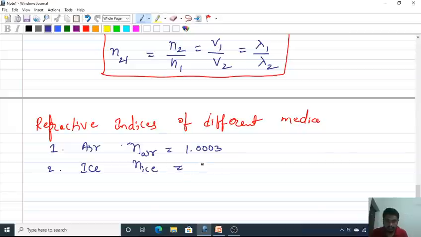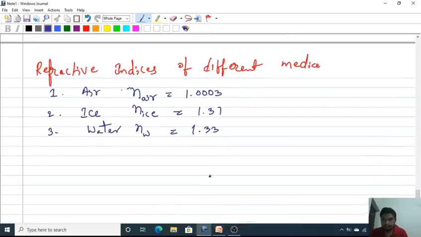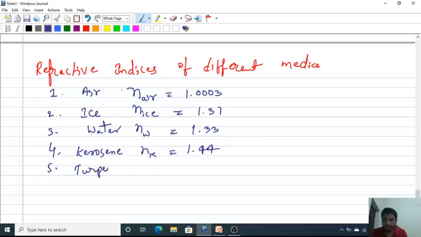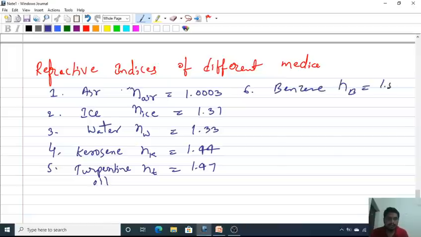Okay, for ice, the refractive index of ice is equal to 1.31, and the refractive index of water is about 1.33, and the refractive index of kerosene is about 1.44, and the refractive index of turpentine oil is about 1.47, and the refractive index of benzene is about 1.50.